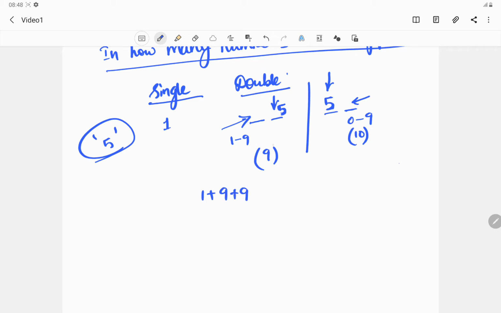It's not 10, because while selecting from 1 to 9 for the tens place, we have selected 5, and while putting 5 in tens place and selecting the units digit from 0 to 9, we have also selected 5 because 5 is included in 0 to 9. Now there will be a double counting of number 55.